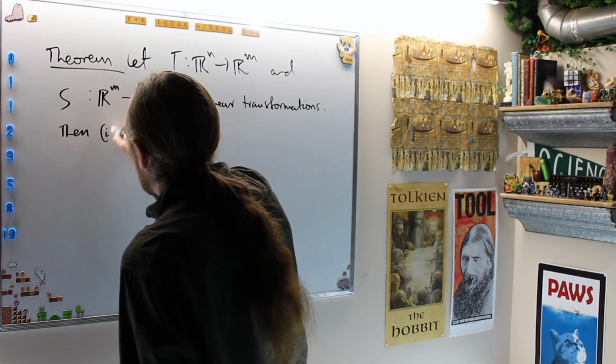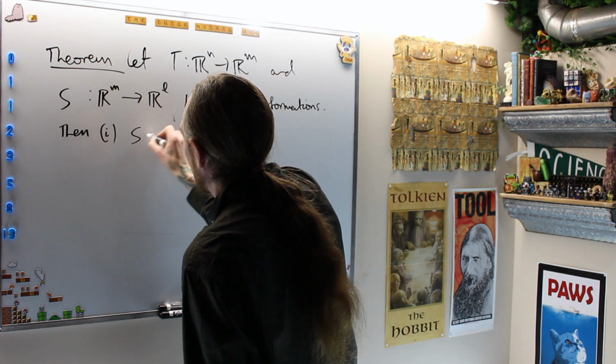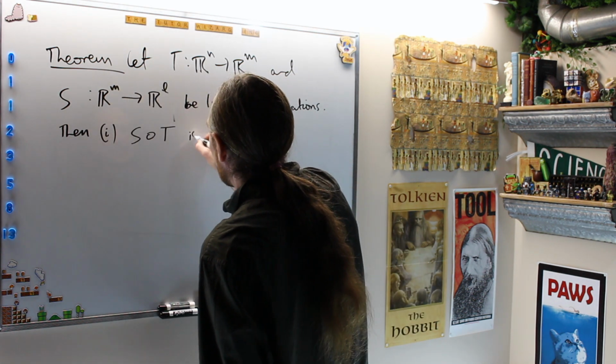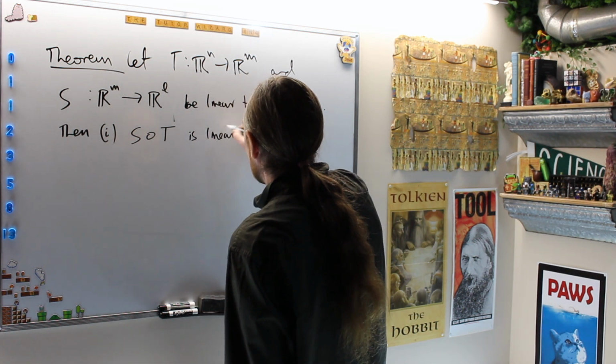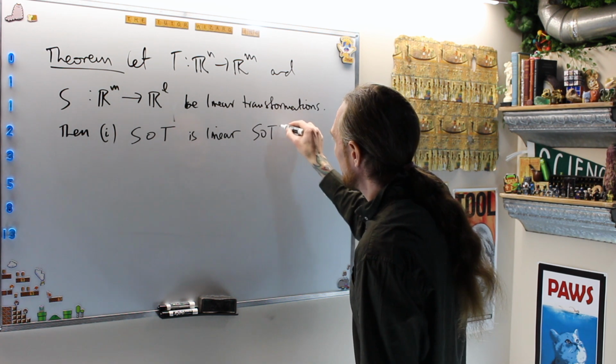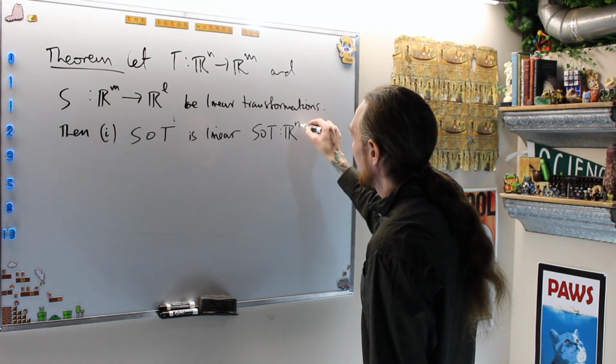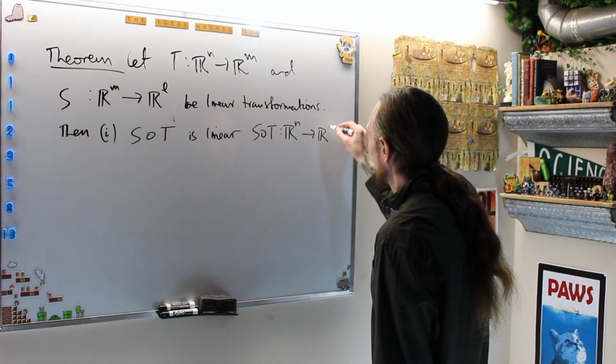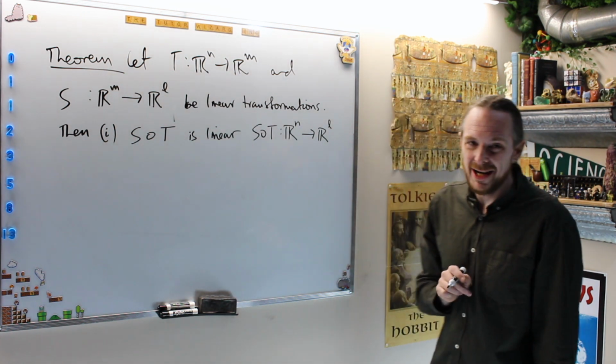Then one, S following T is linear. And S following T goes from Rn to Rl, cutting out Rm.